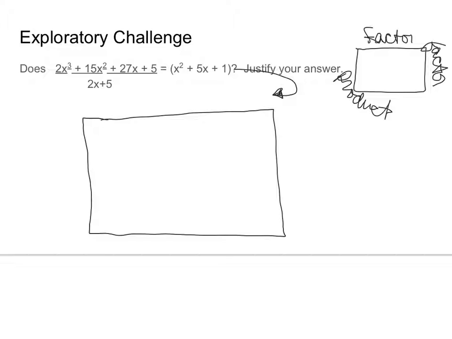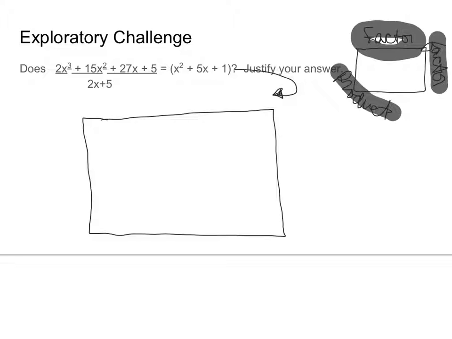Hold on, let me get the right color. Sorry. We know this part. We know this part. We're actually looking for this part. That was really messy, but you get my point. We're looking for the top factor.